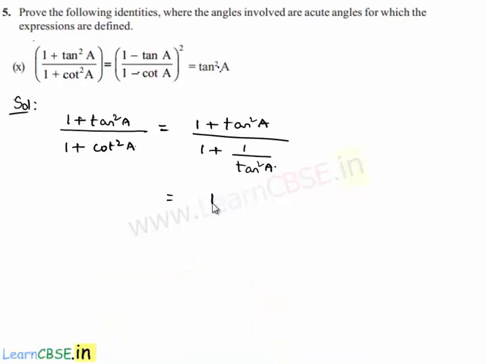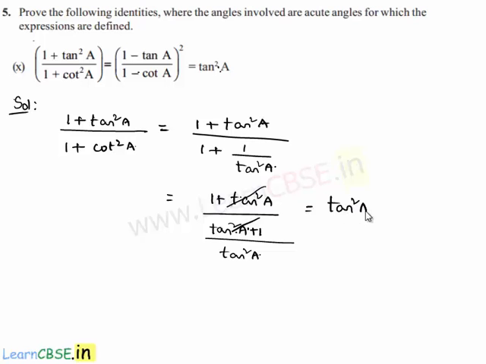So now that will be equal to (1 plus tan square a) whole divided by, let us take the LCM as tan square a in the denominator, then the numerator of the denominator becomes tan square a plus 1. Here in the numerator and denominator 1 plus tan square a is common and that will be cancelled. So finally we are left with tan square a. So here we proved that (1 plus tan square a) by (1 plus cot square a) is equal to tan square a, which is our first proof.